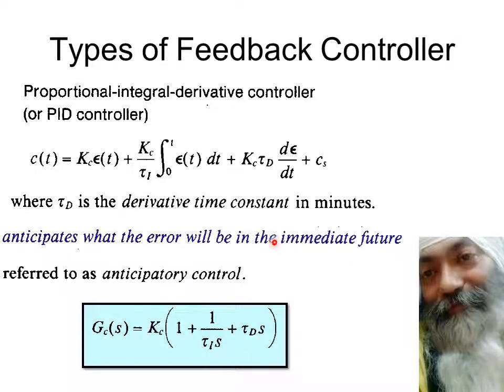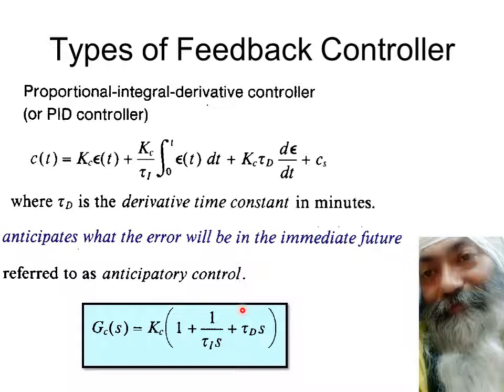I think it's a very old story. So this c of s goes over here and becomes a deviation variable. So ultimately it's going to be c dash s upon epsilon s. That becomes the transfer function. Of course, because we have taken care of the deviations, the initial conditions will be all set to 0, and this is going to be the transfer function of the PID controller. Very well defined.